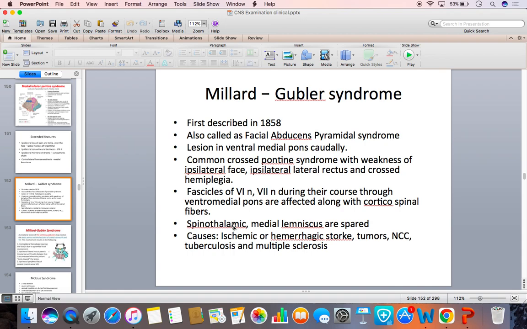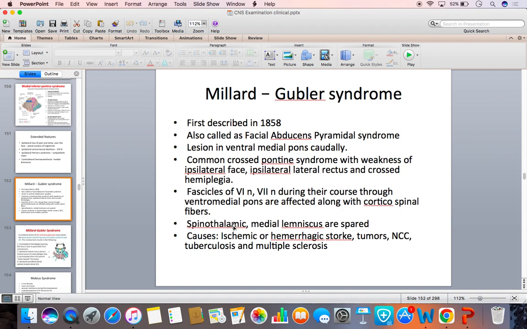It was first described in 1858. It was called initially the facial abducens pyramidal syndrome because this lesion involves the facial nerve nucleus, abducens fibers, and pyramidal fibers. That's why it is described as the facial abducens pyramidal syndrome.